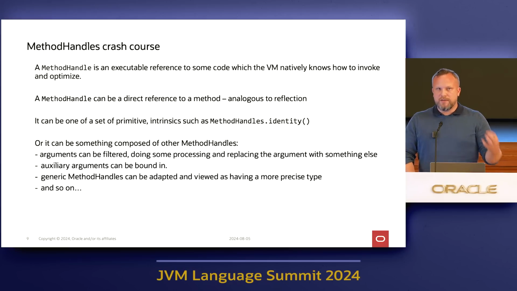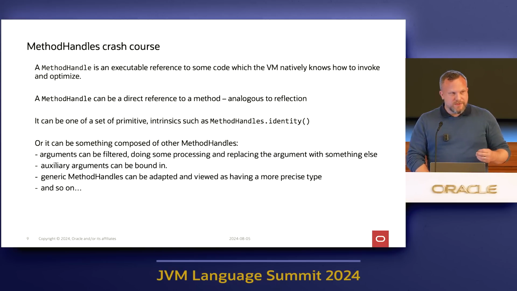You can bind in arguments so that you have something that refers to a static method, and then you bind in the first argument, and now you have a method handle that kind of hides away that first argument in a bound method handle, and so on and so on.